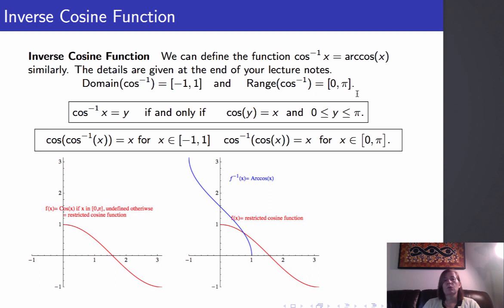And also we have cosine of cosine inverse of x is always equal to x for any x between -1 and 1, as long as it's legitimate to calculate cosine inverse of x. On the other hand, cosine inverse of cosine of x is x only for x in the domain of the restricted cosine function, between 0 and pi.